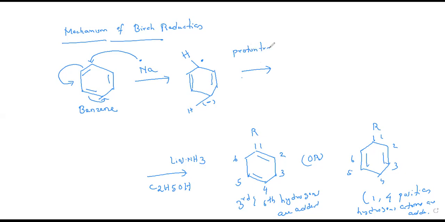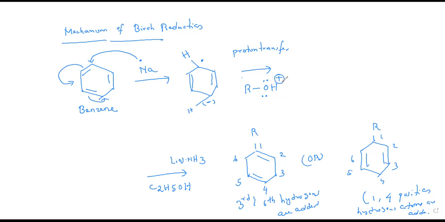proton transfer. This proton transfer takes place in the presence of alcohol. The general formula for alcohol is ROH. When you compare the electronegativity of oxygen and hydrogen, hydrogen is the least electronegative, so you can designate it by a positive charge.